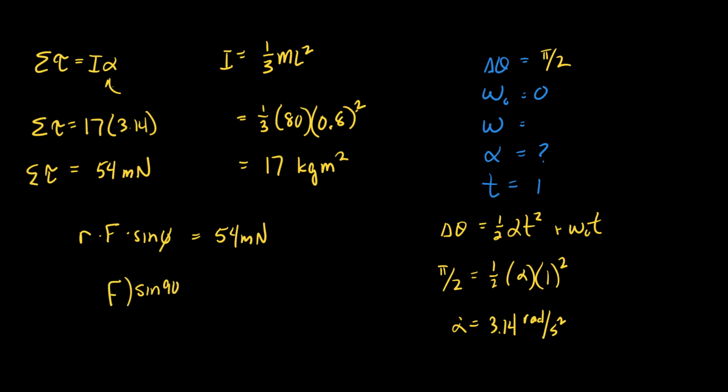We don't know what the force is, but they tell us that it pulls at a point that is 33 centimeters from the pivot. You can use that to figure out the size of the force. So, and I do want to go that step, divide this by 0.33 and get that the force is 162 newtons.